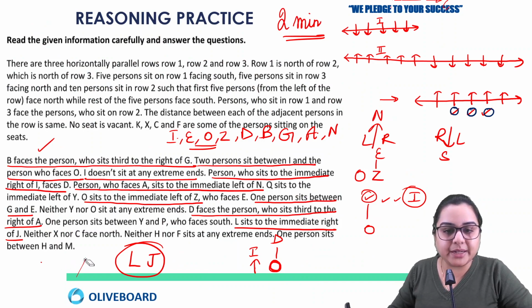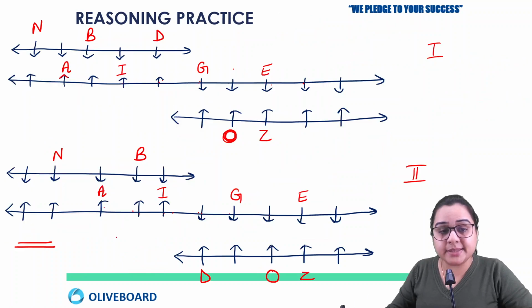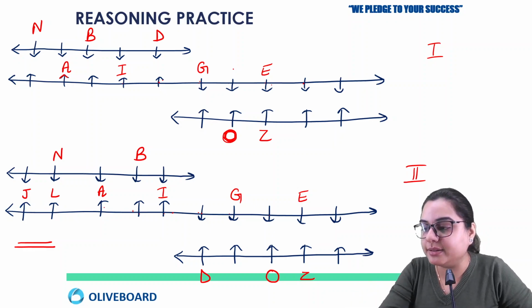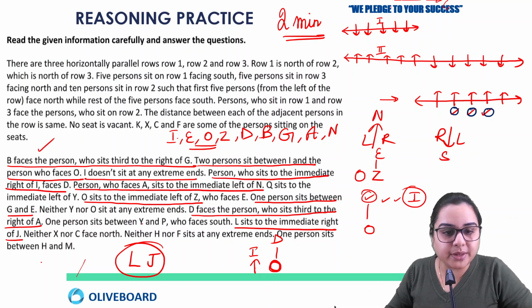He was telling you that L sits immediate right of J. So if L sits immediate right of J, then J will be here and L will be just immediate right of J. Okay, so this is how we are going to fill this L and J. Right. Okay, so now let's see if there's any other information.